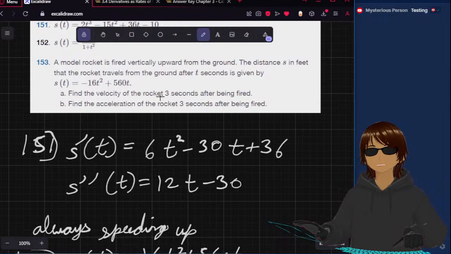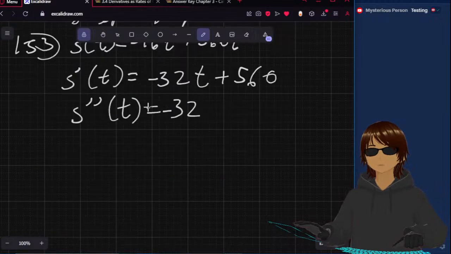Find the velocity of the rocket 3 seconds after being fired, and then the acceleration. So I just have to plug in 3 in both of these.